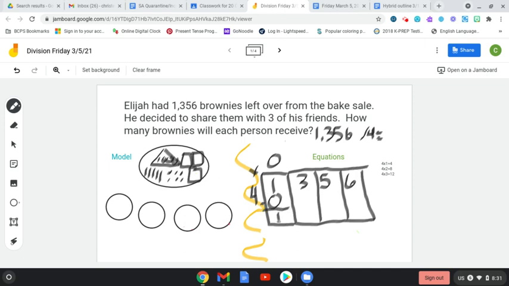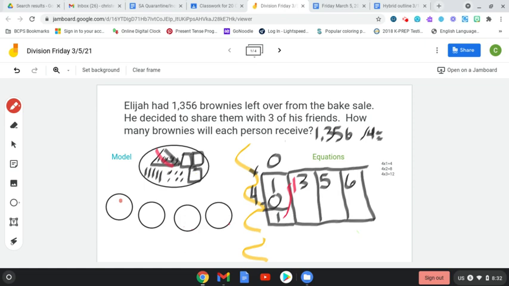Okay. However, what I can do is I can take this 1,000 and break it into 10 hundreds. And when I do that, I'll have these 10 hundreds plus these 300s to give me 1,300s.